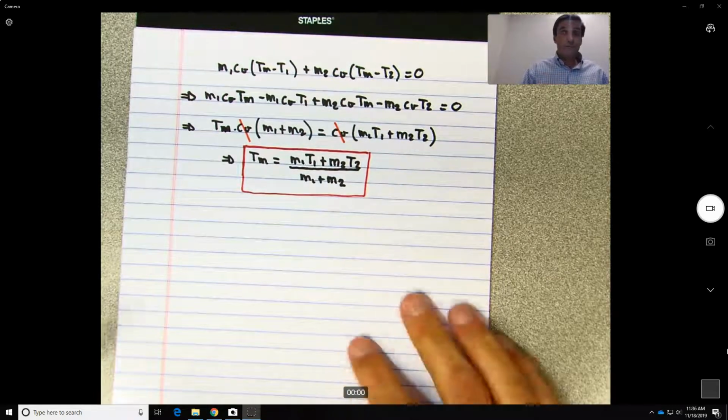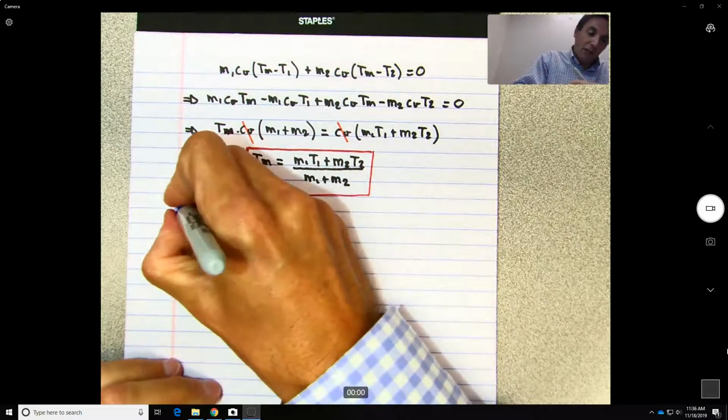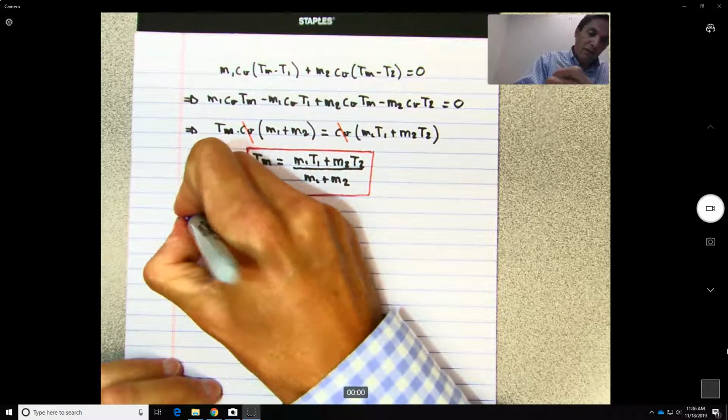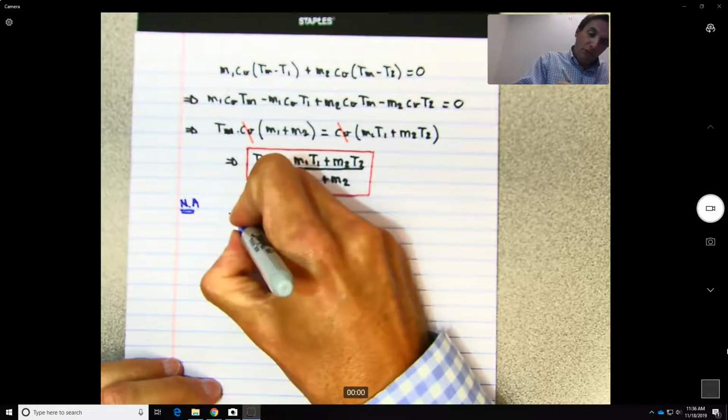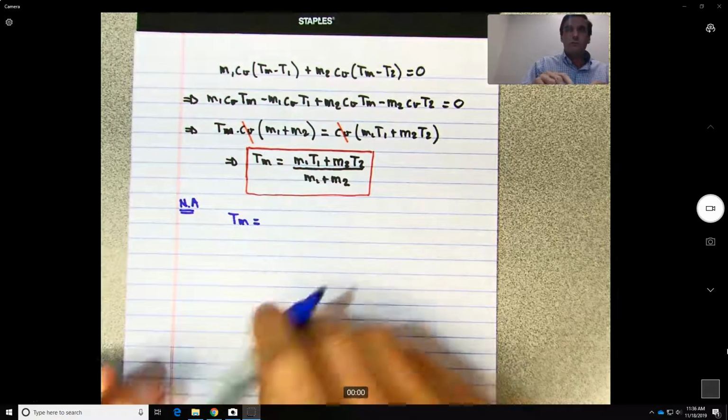Alright, so we do the numerical application. You get that the temperature of the mixture is equal to what?